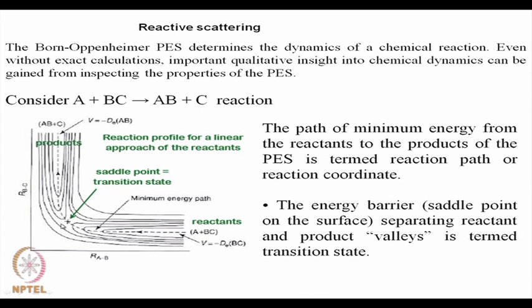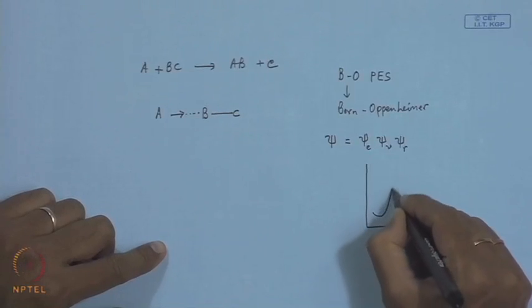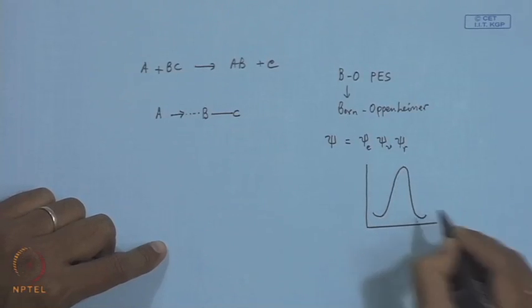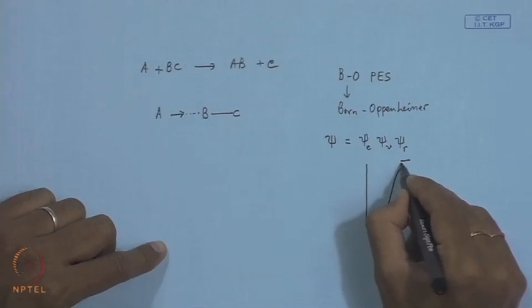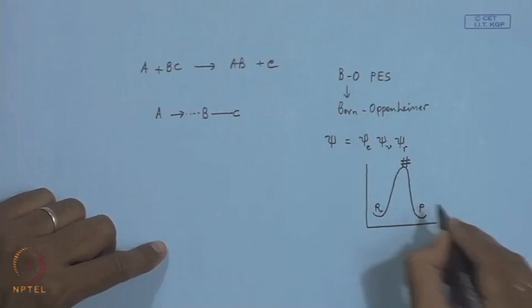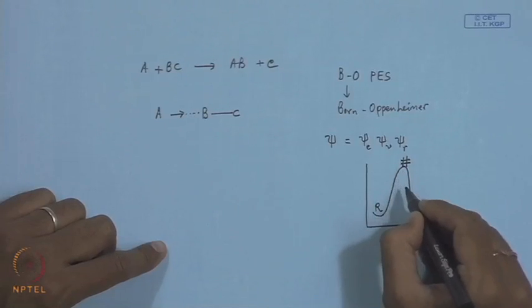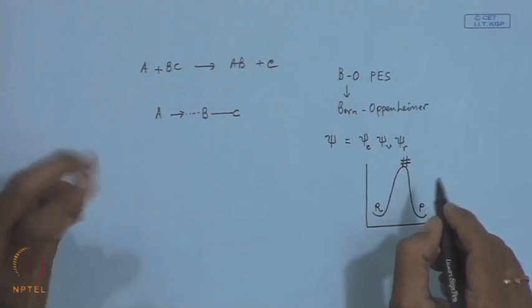So this is basically, you know, when we draw in the normal case, we draw like this. This is your transition state, this is your reactant side, this is your product side. So this is separating these two valleys.